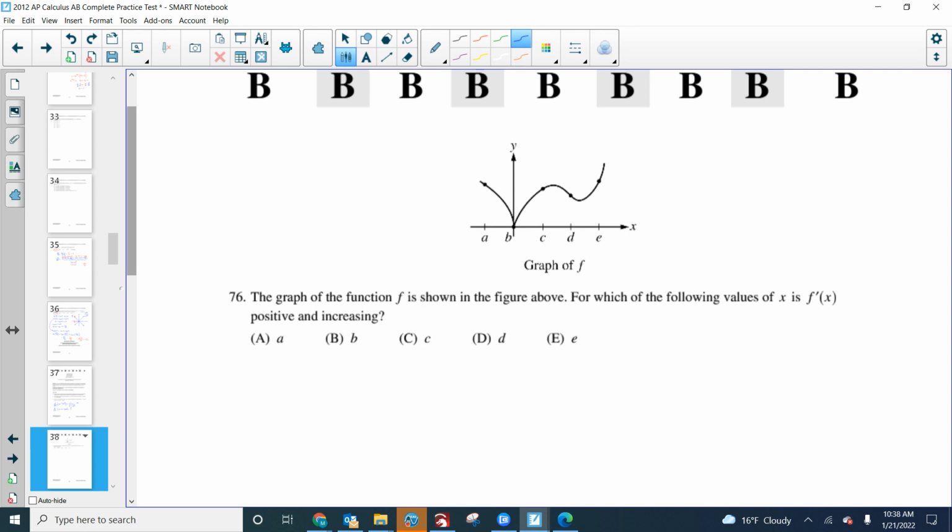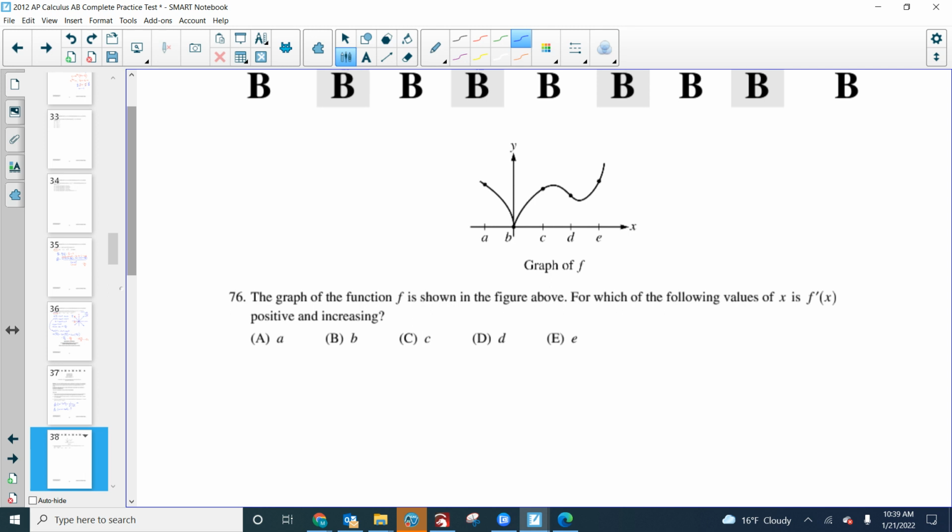Listen carefully. What are you looking at right now? The graph of f. A lot of times they will show you the graph of f prime and ask you about f. Well, if f prime is positive, f must have been increasing.